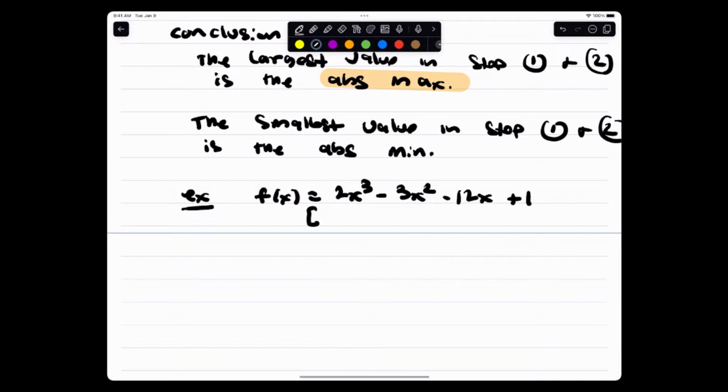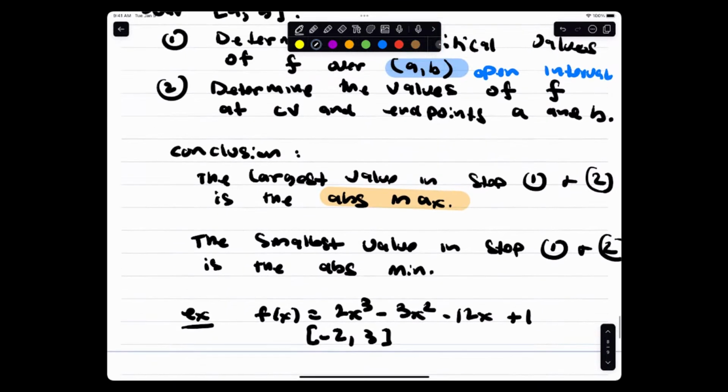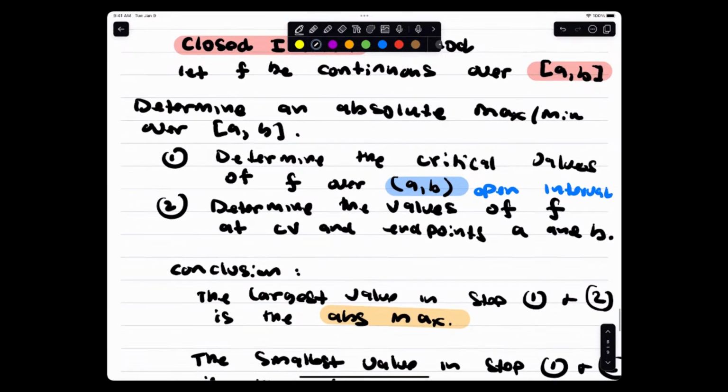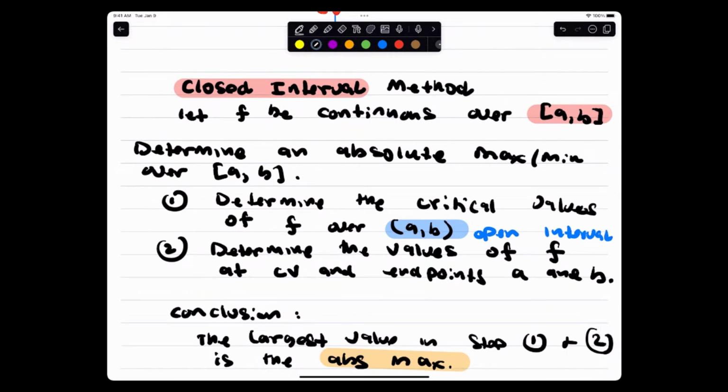And then they're going to give us the interval, negative 2 to 3. We're going to use here the closed interval method to find the absolute max, absolute min over the interval.